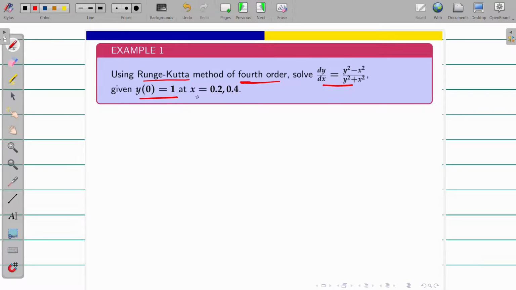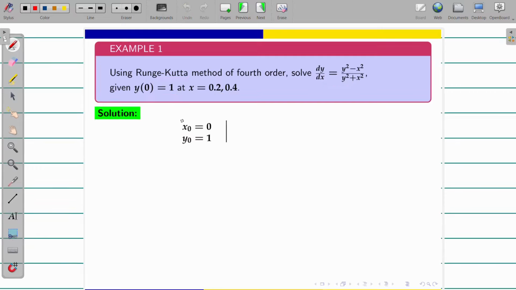You have to find the solution of the differential equation, that is the y value, at x equal to 0.2 and at x equal to 0.4. As usual, read what they have given and conclude what we have to find, then we can easily complete the problem.